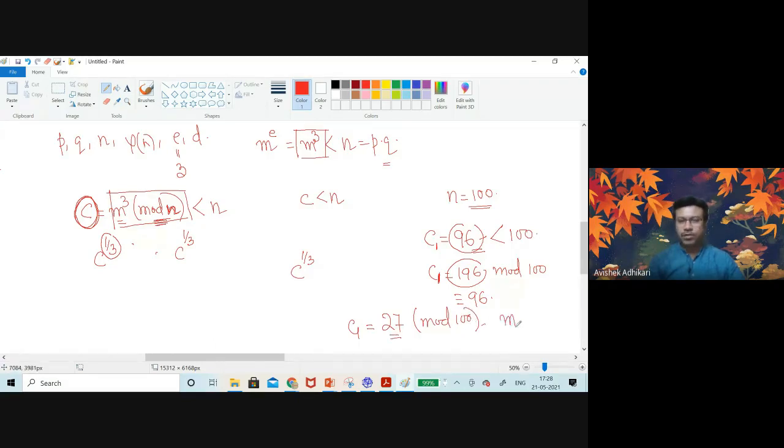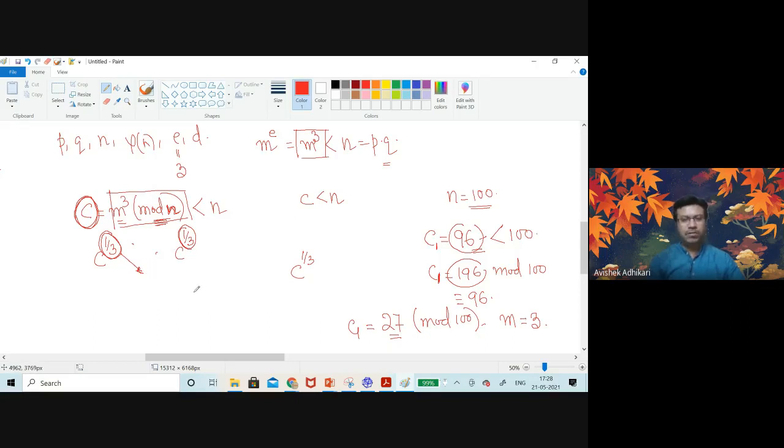That means your M must be equal to 3, because 3 cube equals 27, and due to the small exponent, this calculation is very easy. But if this exponent is quite big, then it would be difficult.